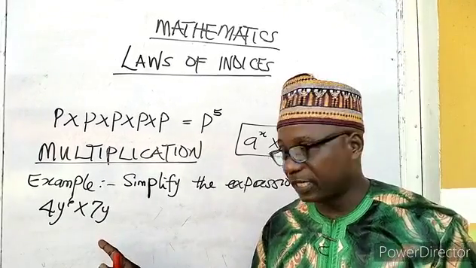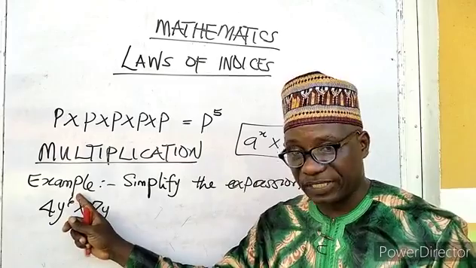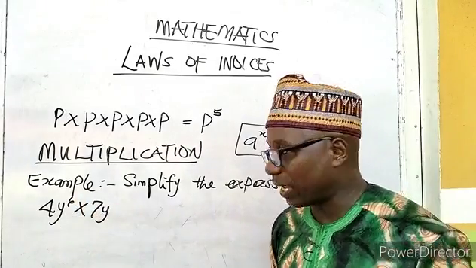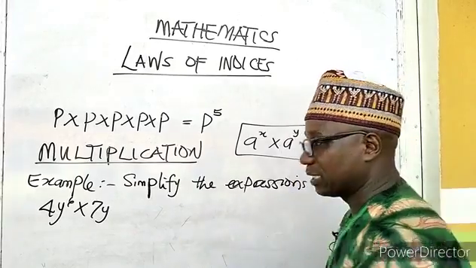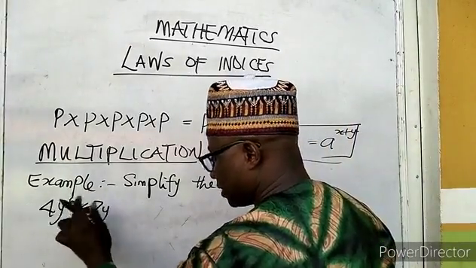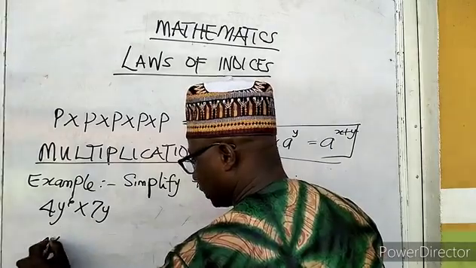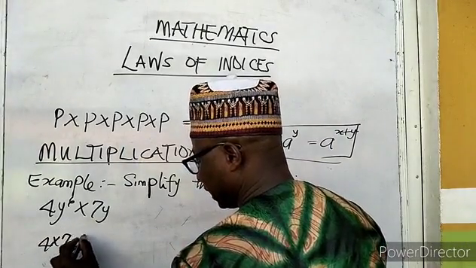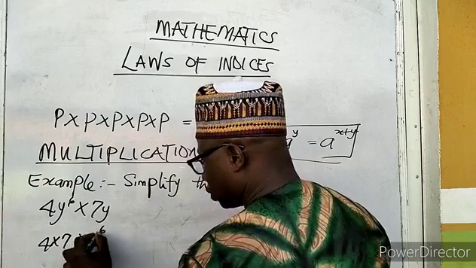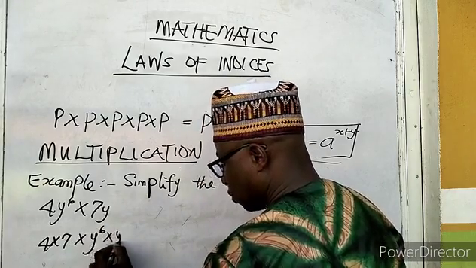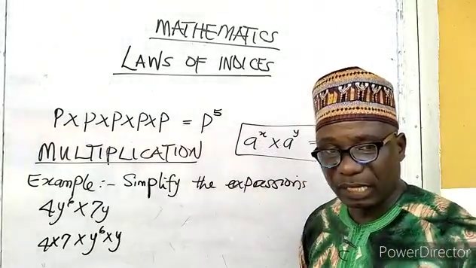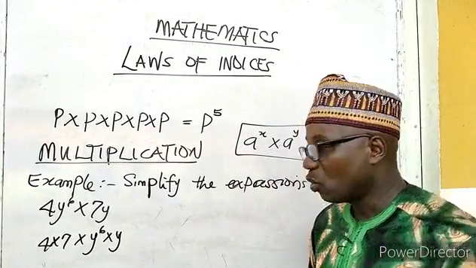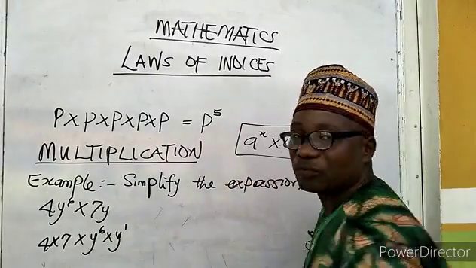Now, ẹ wo example ẹlẹ́kejì. 4y raised to the power of 6 times 7y. Good. Bá a ṣiṣẹ́ alákọ̀ọ́kọ́ yẹn náà la máa ṣe lẹ́ẹ̀kejì. Ó yá 4 times 7, 4 times 7 times y raised to the power of 6 times y. Class, tá máa kọ ordinary y like this, ó mean pé the same thing as y raised to the power of 1.